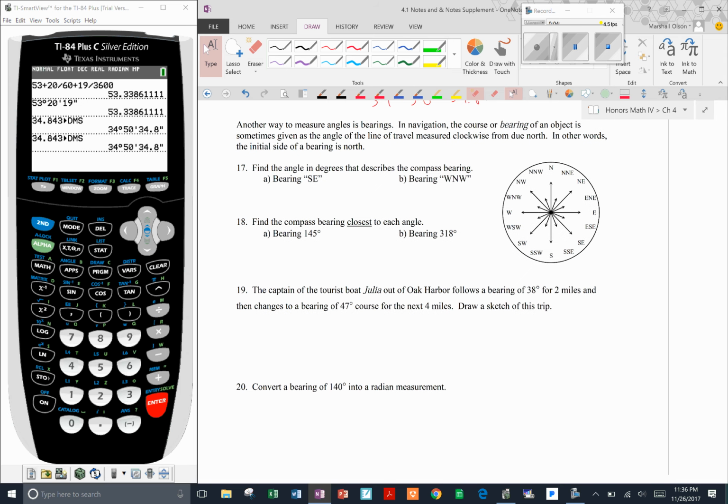The second thing we're going to look at today is bearing. Bearing is the angle from due north. So north itself is considered 0 degrees. East would be 90 degrees, so we're going to move clockwise here. South is 180, and west is 270.